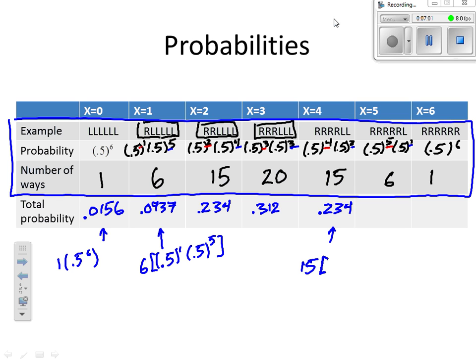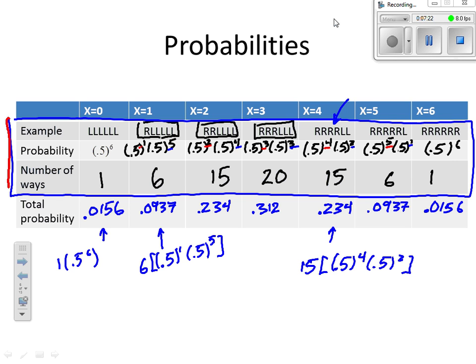There are 15 ways to come up with 4 R's and 2 L's. Right, there are 15 combinations of those particular letters. And then 0.0937 and then 0.0156.